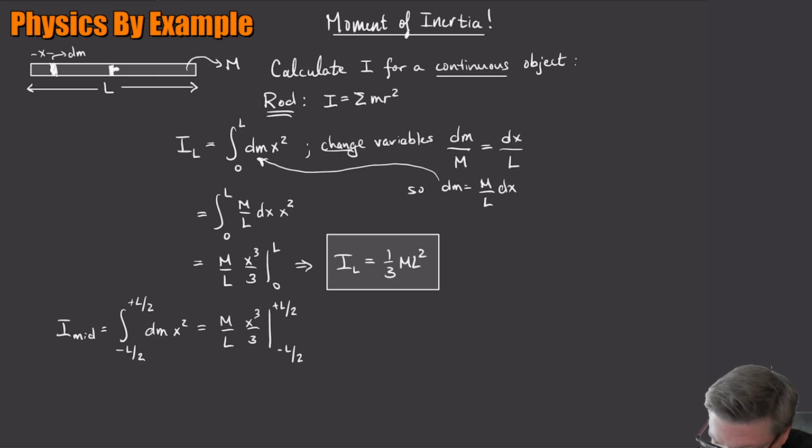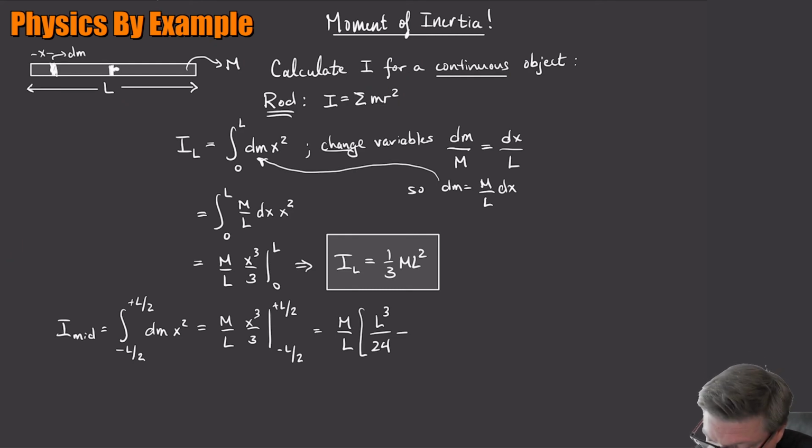Okay, so this is going to be m over L, x cubed. Okay, so if I plug in the top thing, I'm going to get L cubed. 2 cubed is 8, right? Times 3 on the bottom, so 24. So it's going to be L cubed over 24. And then I'm going to have minus the thing on the bottom. But the thing on the bottom is a minus, and we're cubing it.